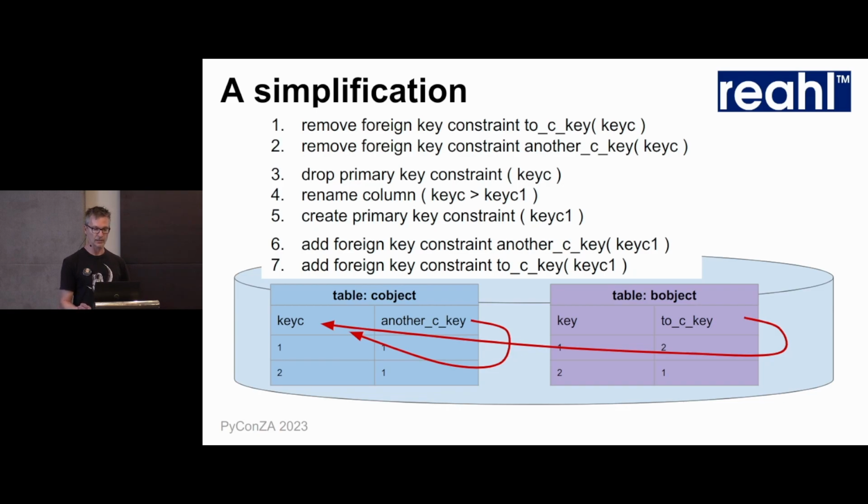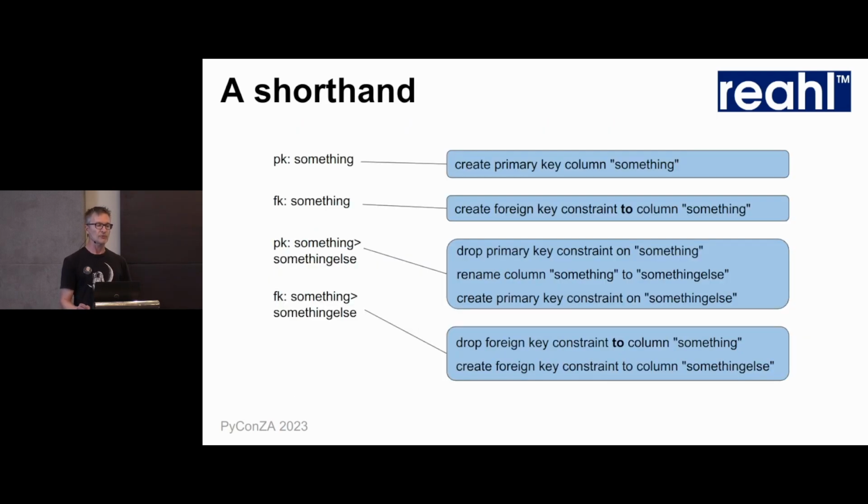It's not strictly speaking true, at least not for PostgreSQL. I don't know about other databases. But I have a lot of examples to go through, so I want to keep it simple. And also, I use a little bit of shorthand here. If I write PK something, it means there's a migration that says create a primary key column called that.